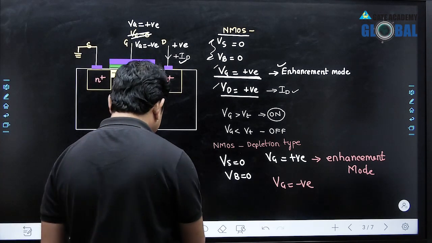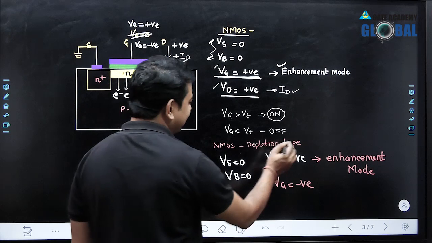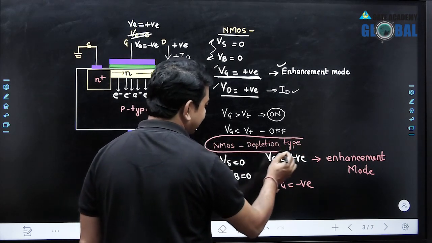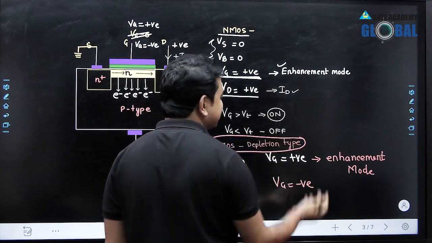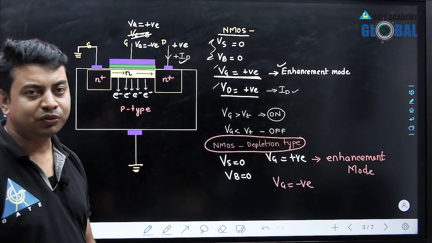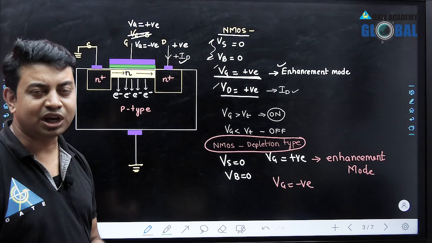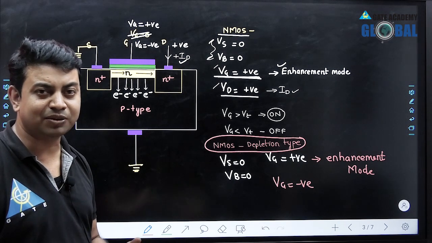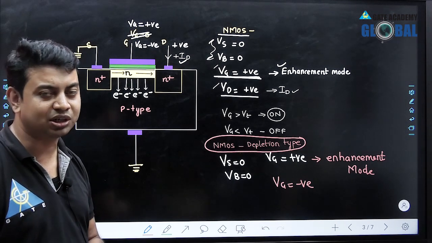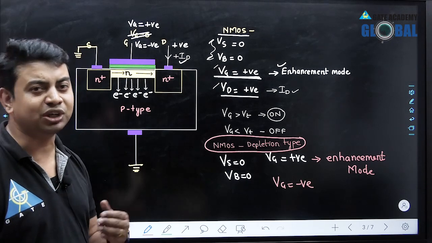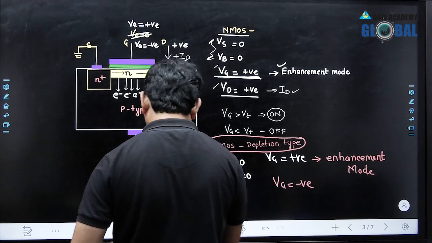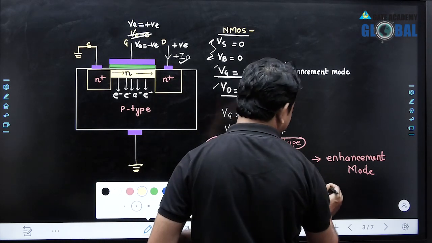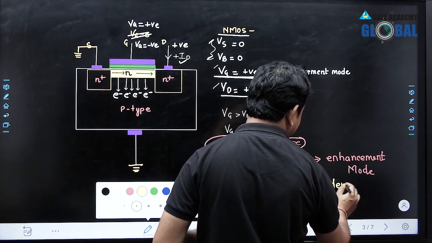So when we apply a negative voltage in a depletion type MOSFET, all this can work in a depletion type MOSFET, because in an enhancement type MOSFET, in which we don't have a channel, we always need to create the channel. This is our main aim for enhancement type MOSFET. But in depletion type MOSFET, we can use it either in enhancement mode or in depletion mode, both. So this is one advantage of depletion type MOSFET.